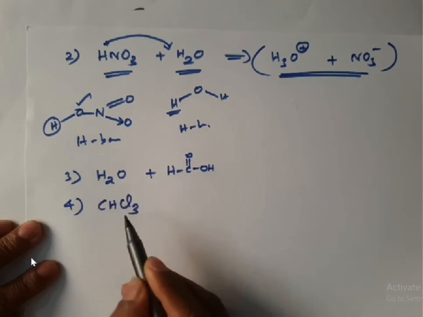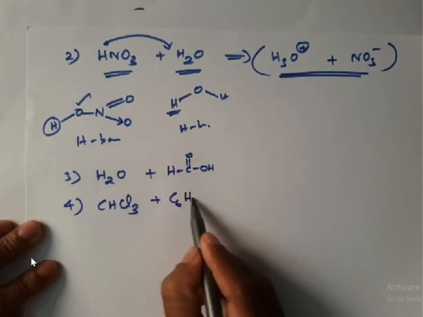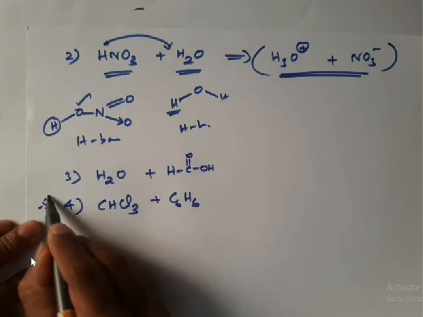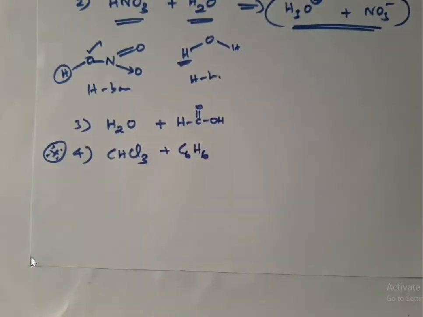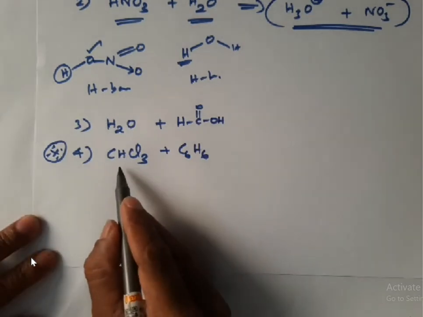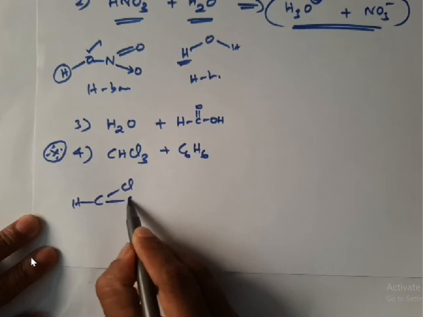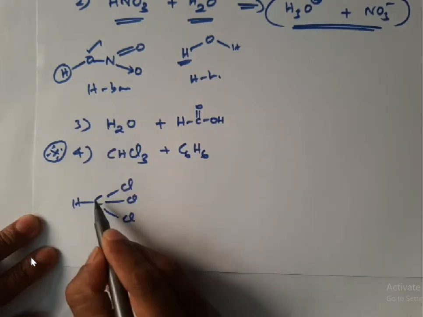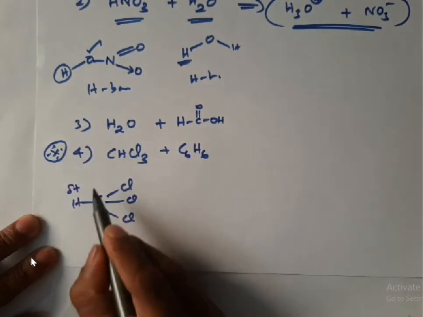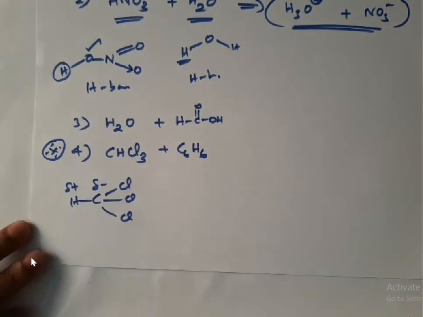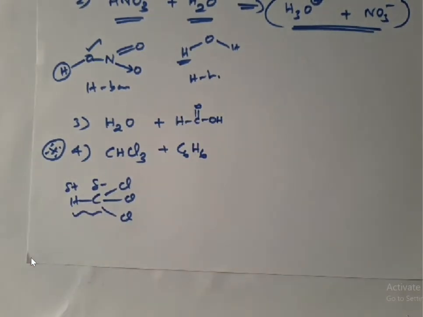Number 4, plenty of examples are there. Chloroform and benzene. Students, this is actually an exceptional example you should keep in mind. What type of attraction is there? In chloroform we have only dipole-dipole attraction, right? CHCl3 is chloroform, hydrogen has a partial positive charge, carbon has a partial negative charge, so we have dipole-dipole attraction only between one molecule and another molecule.